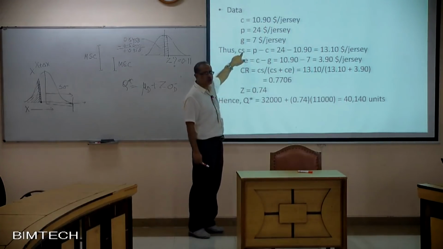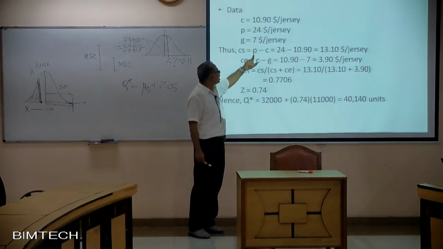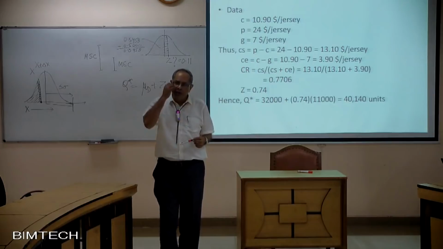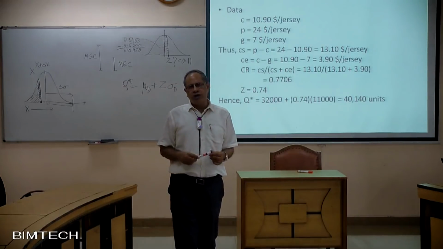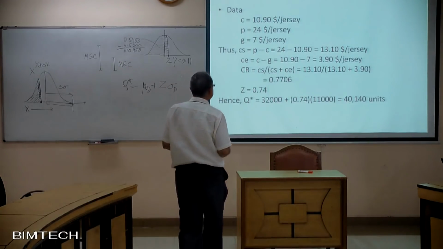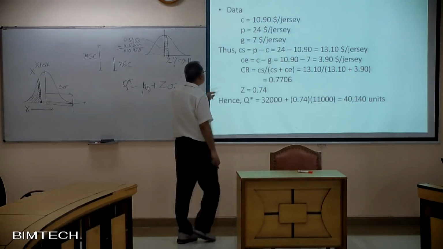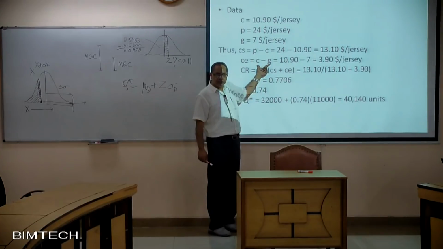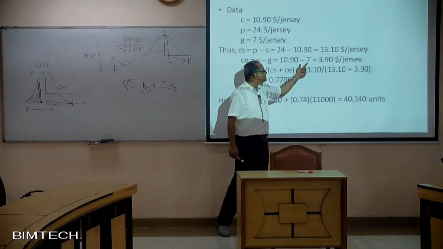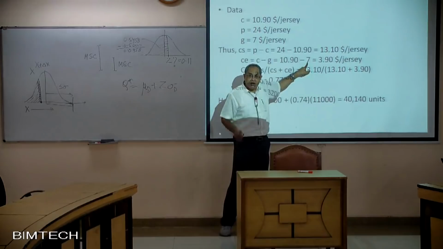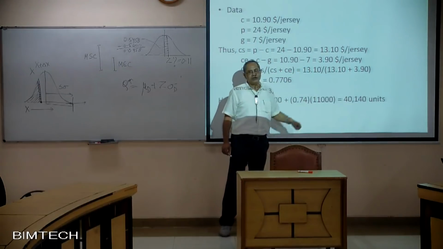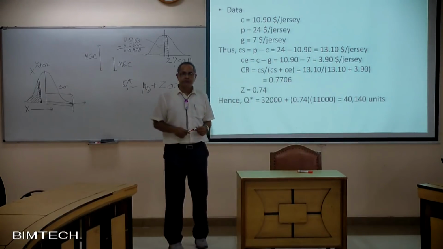Our shortage cost, which was the margin that we were losing earlier, still remains the same. If we go short, we lose the margin. And how much margin is that? That is $13.1 per jersey. But what has happened to our excess cost? Our excess cost earlier was 10.9, but now it is 10.9 minus 7, because we are able to recover $7 for every unit that is excess, which is $3.9 per jersey.